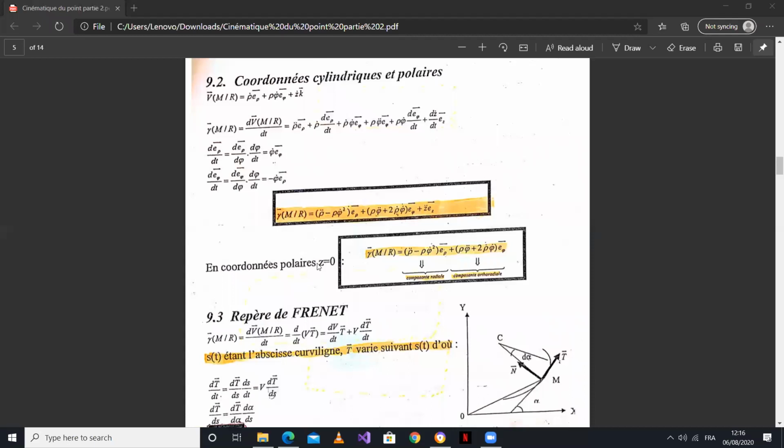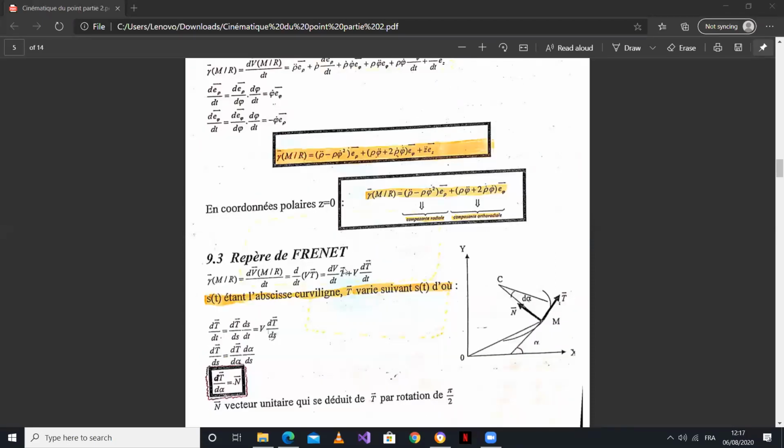So as usual, we are going to use the product rule. We derive v with respect to time, keeping the tangent constant. Then we add the term where we keep v constant and derive the unit tangent vector with respect to time. Now we just have to develop these two terms.